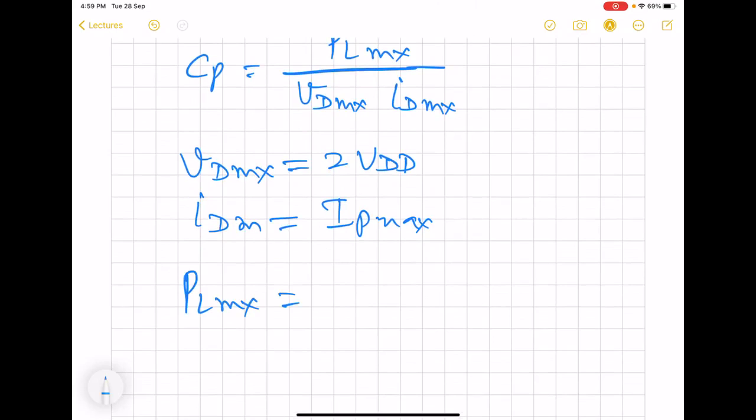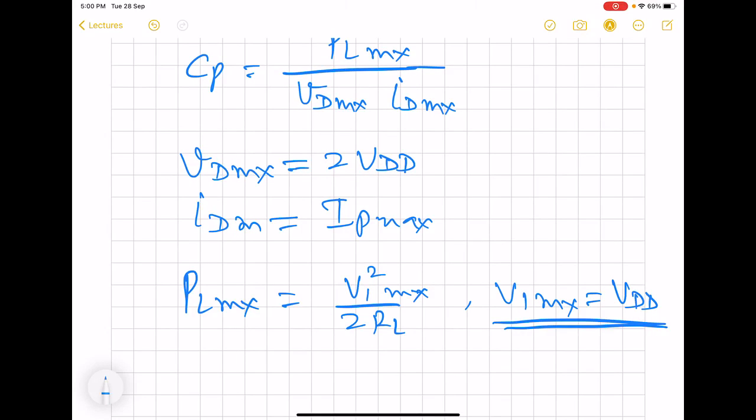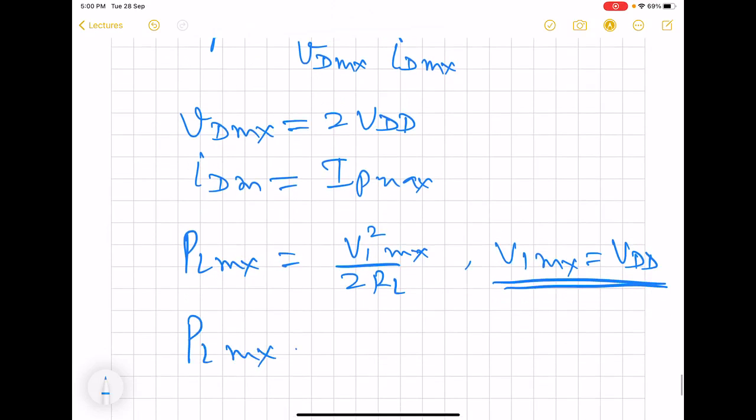So PL max will be the maximum voltage, and we know that V1 max is equal to VDD. So this is the maximum voltage swing that the load can experience, and corresponding to that moment, the load will be getting the maximum power. So PL max is going to be VDD squared by 2RL.